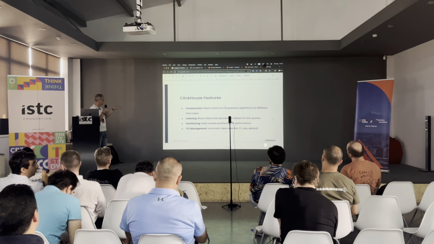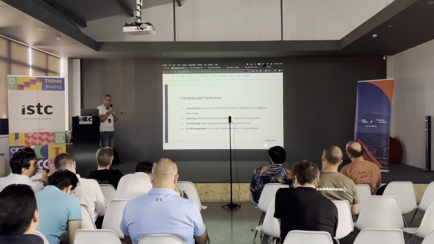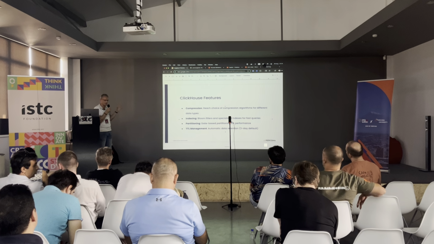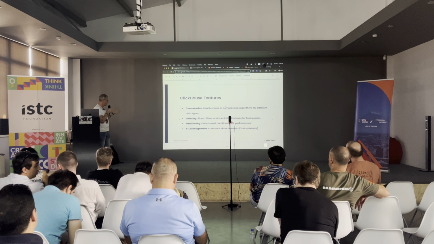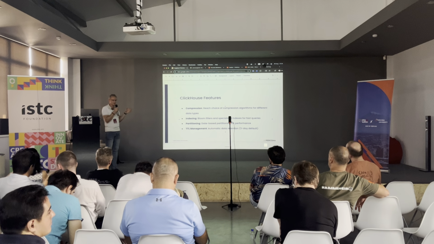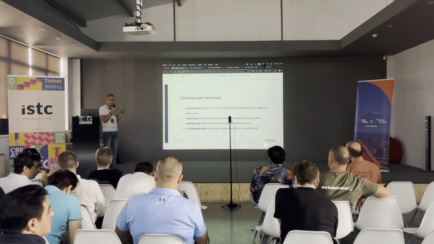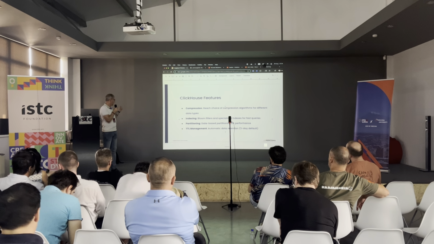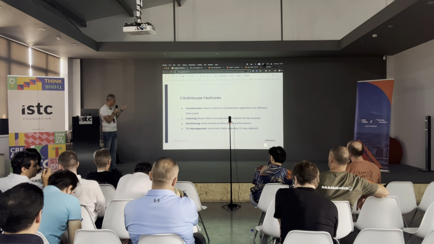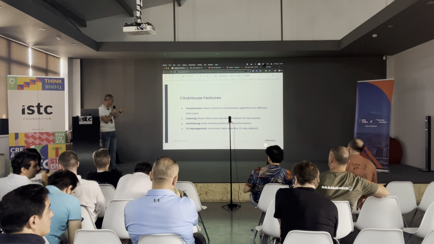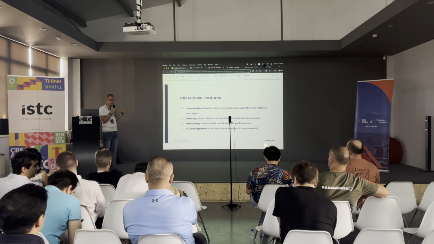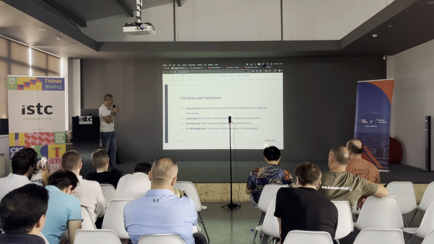ClickHouse features, real quick highlights. Compression: a very rich choice of compression algorithms for different types of data. Bloom filters, which make full text search possible and fast. Partitioning: ClickHouse makes it so easy to partition your data if you need to.